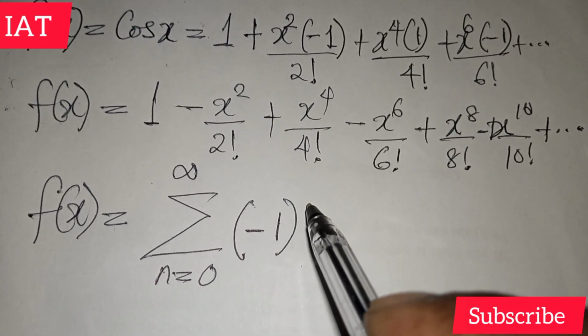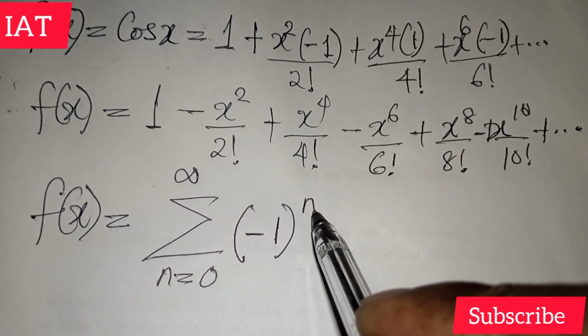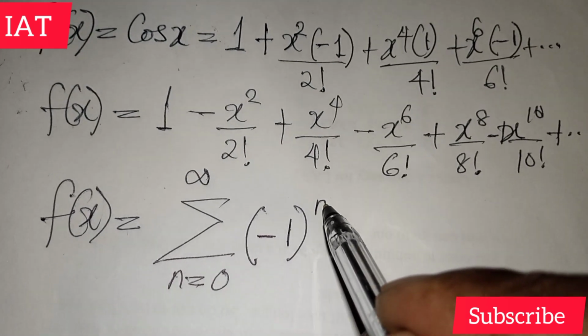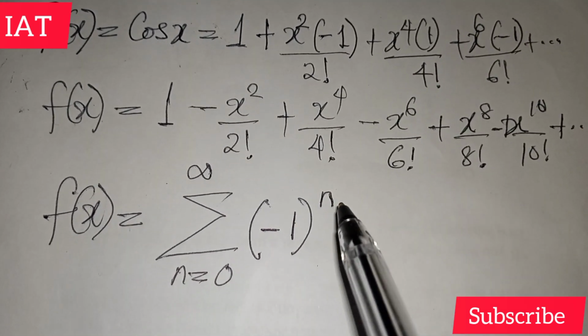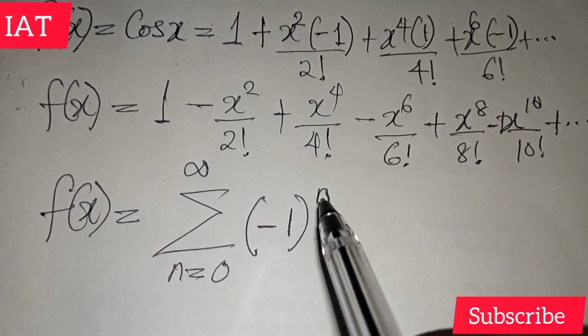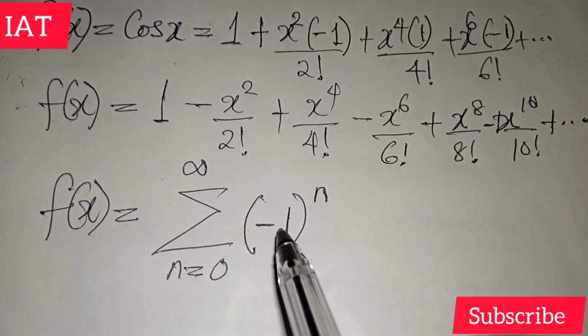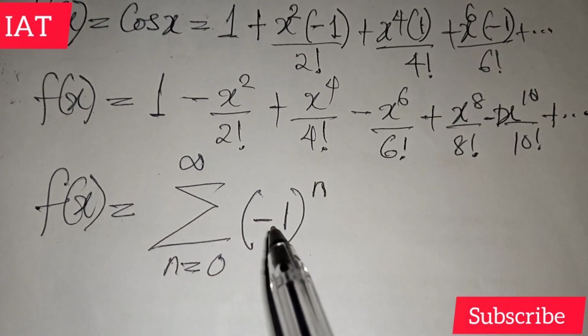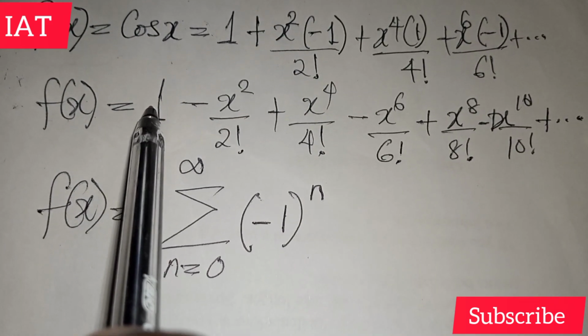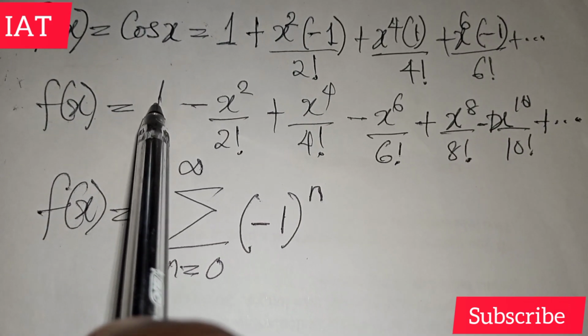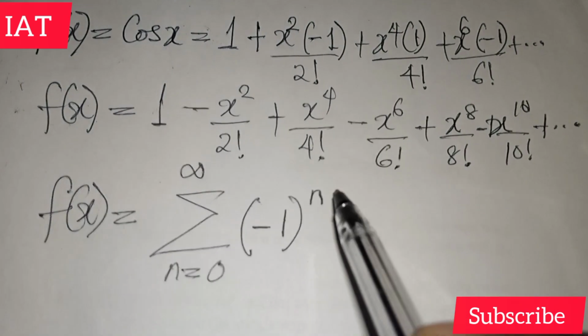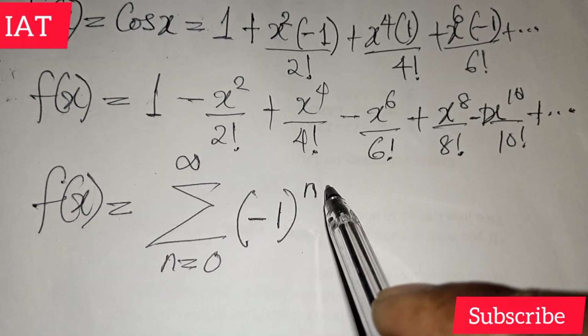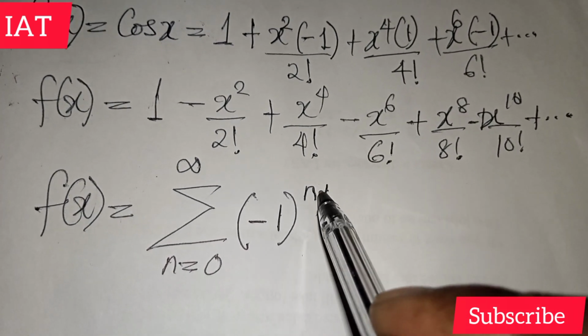Because if you use minus 1 to the power of n, say we assume we use n, if we plug in the first value 1 here, minus 1 to the power of 1 is still minus 1. And here the first value is a positive value. So in order for us to make that real, it means that we have to add plus 2.